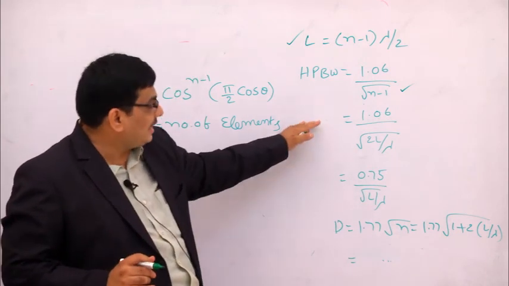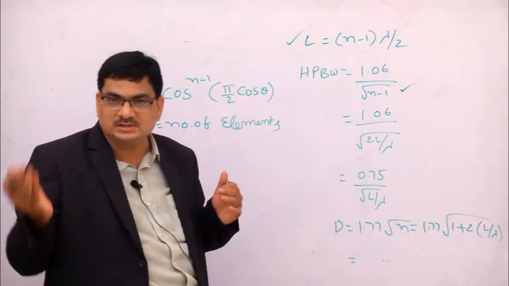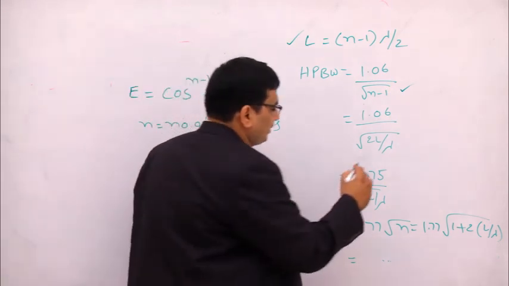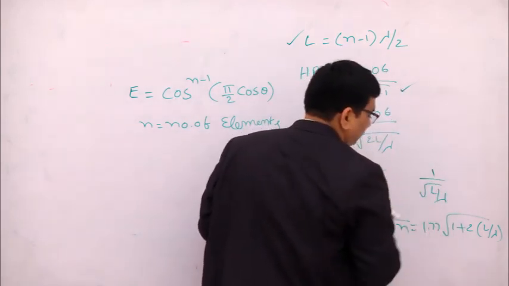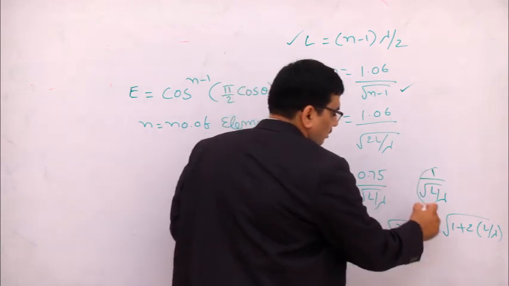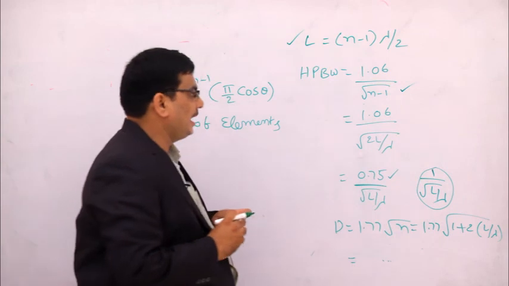For an n element array, in the broadside case or end fire case, what we got previously is 1 by root over L by lambda, and this one is 0.75 by root over L by lambda.